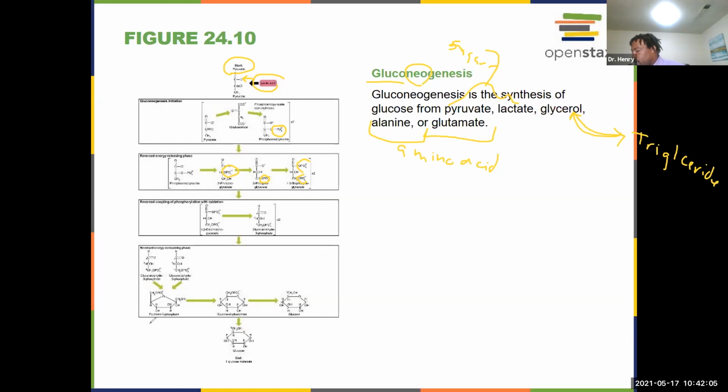Okay, so we'll then go from that fructose 6-phosphate to glucose 6-phosphate. Glucose is a 6-ring structure. Okay, and then from that glucose 6-phosphate, it's going to be dephosphorylated. We're going to end up with just glucose. And so at the end of the day, you're going to end up with 1 glucose molecule. Okay.